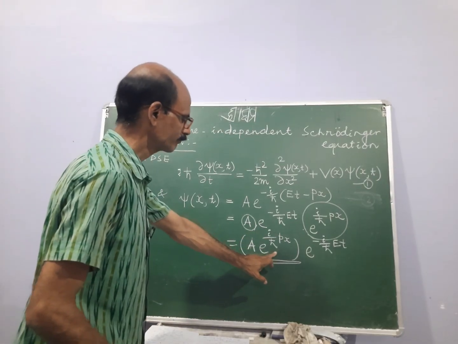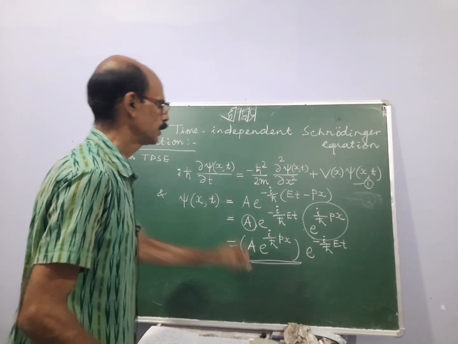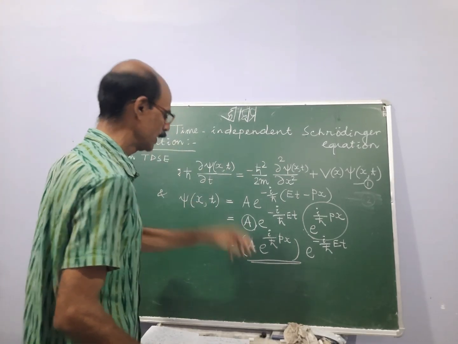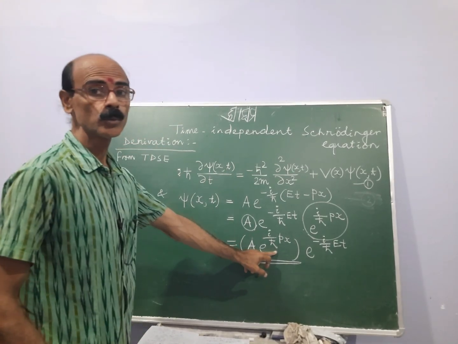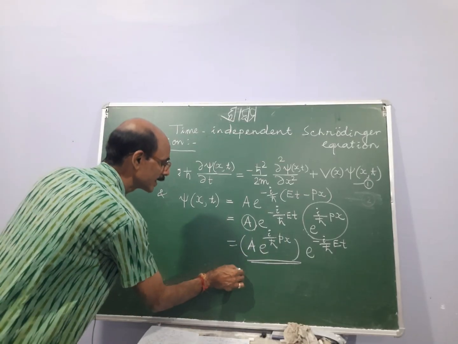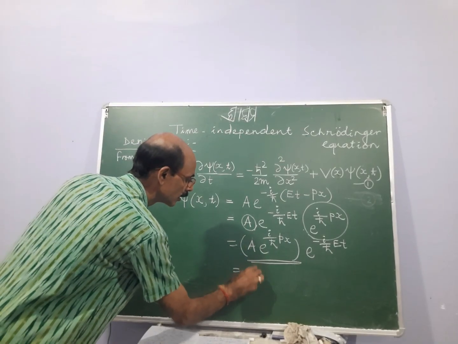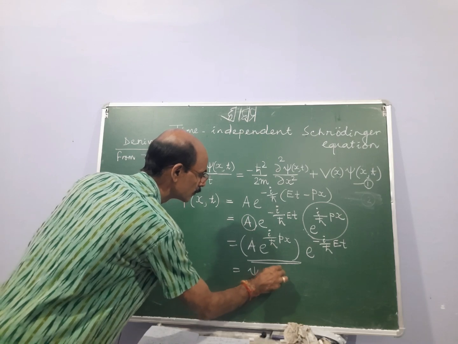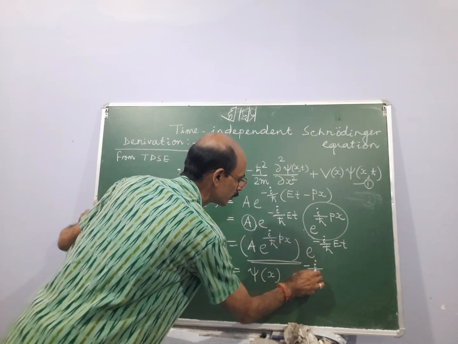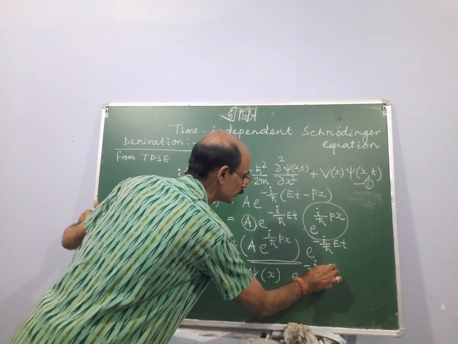Since this exponential i by h cut p x is dependent on position and independent of time, we can write it to be psi x, times exponential minus i by h cut E t.